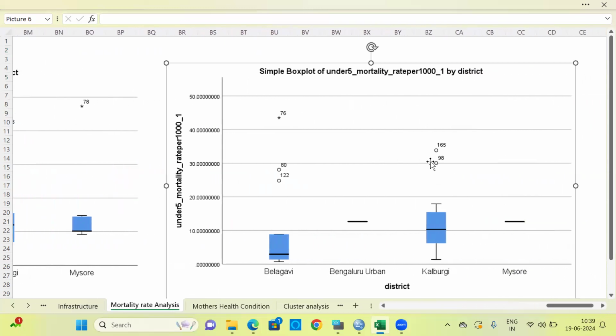Let's now look at the box plot of under 5 mortality rate per 1000. We have considered the different administrative headquarters. The lowest value here is Belagavi when it comes to under 5 mortality rate per 1000.